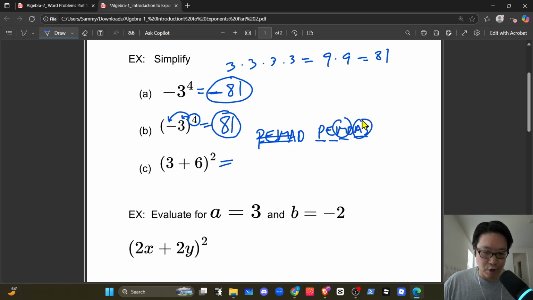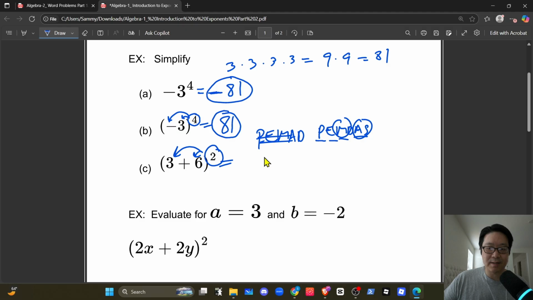Here you have the quantity of 3 plus 6 raised to the power of 2. This power of 2 is not applying to 3 and is not applying to 6. It's applying to the sum of 3 and 6, so you cannot distribute this exponent over the sum. You have to do what's inside the parentheses first.